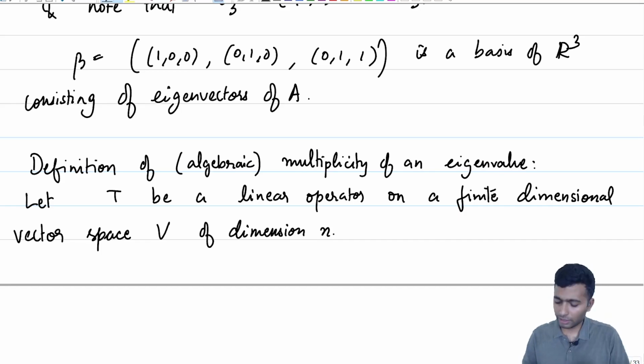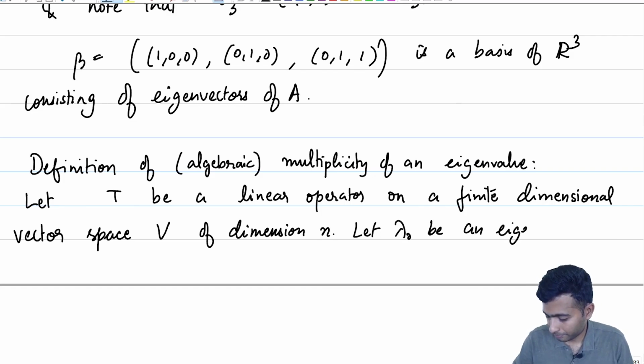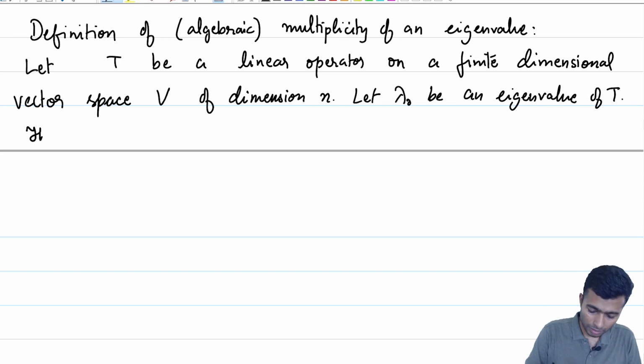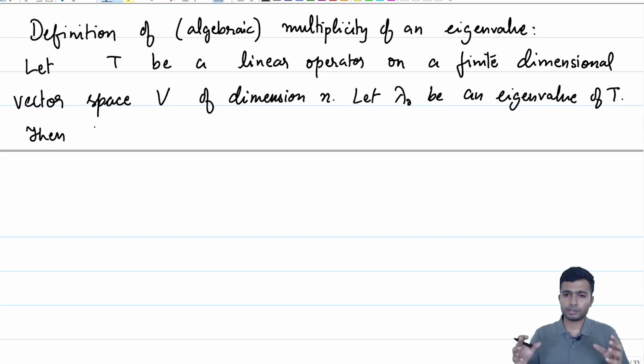And let lambda naught be an eigenvalue of our linear operator T. Then the multiplicity of lambda naught is the largest positive integer k such that (lambda minus lambda naught) to the power k divides the characteristic polynomial of T.